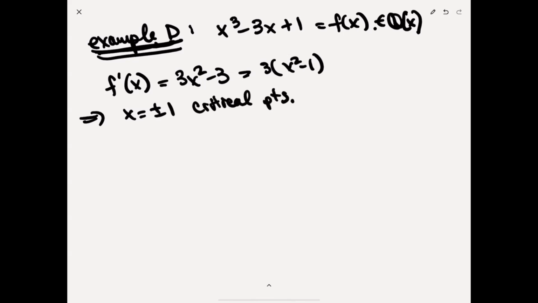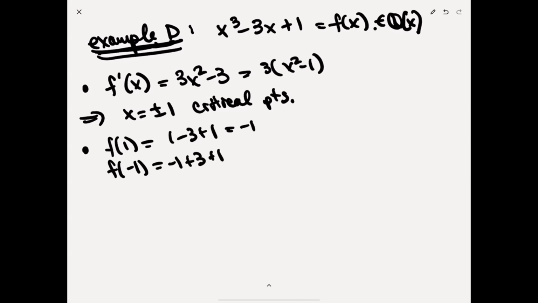So I'm just going to do calculus. We have f(1), which is 1 minus 3 plus 1, so that is minus 1. f(-1) is minus 1 plus 3 plus 1, which is 3.